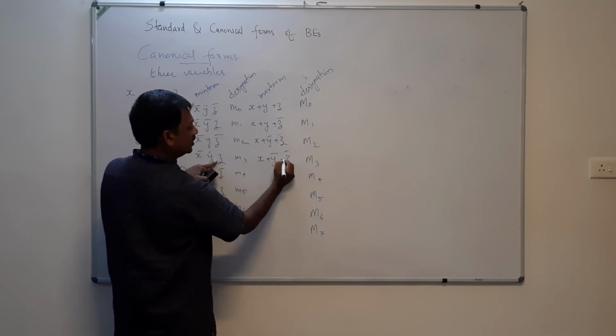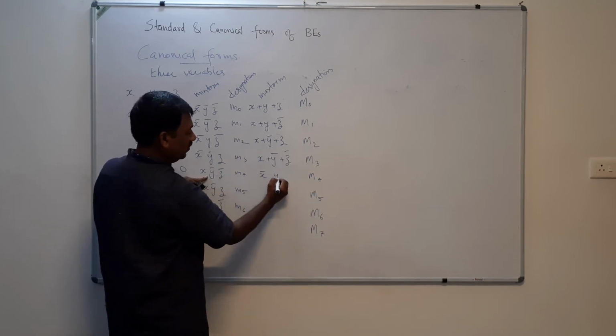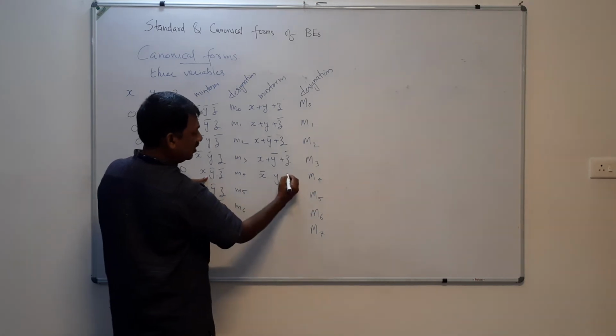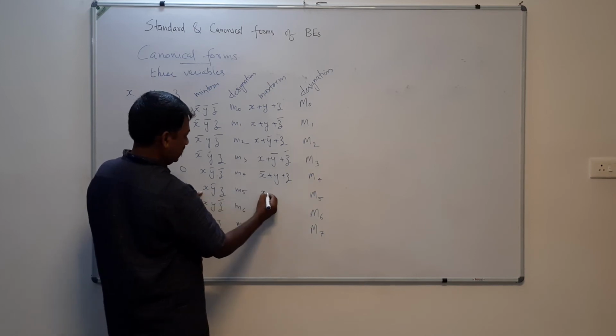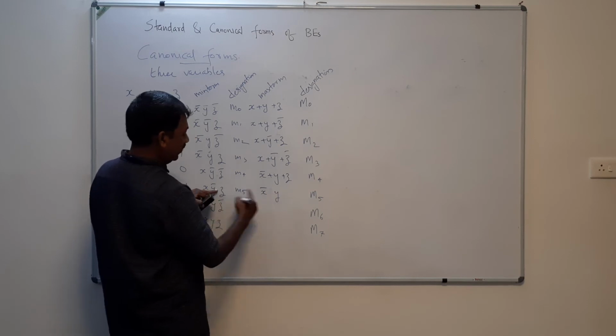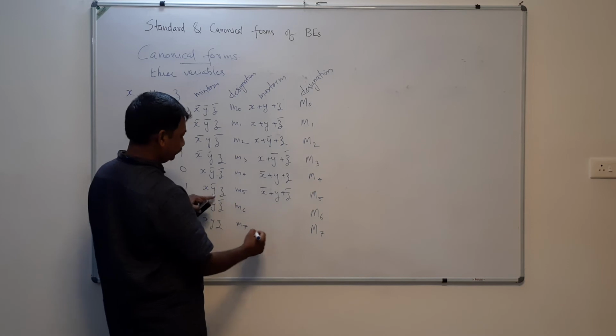Then x, y bar, z: complement is x bar, y, z bar.